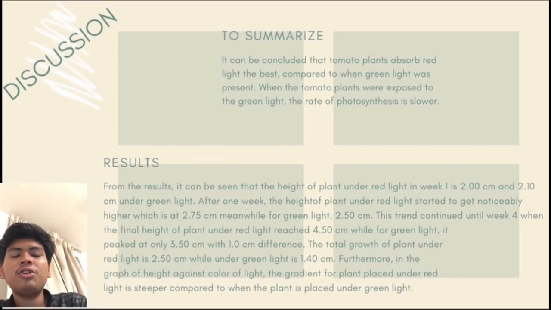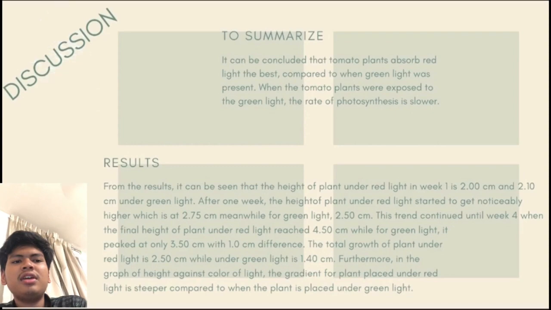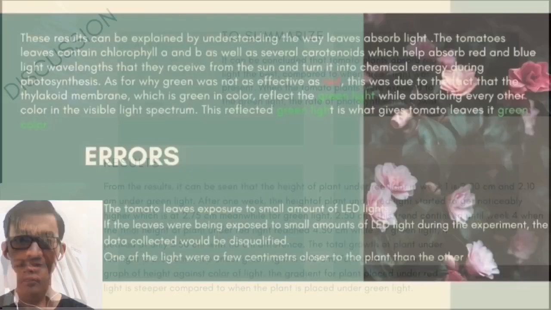This trend continues until week 4. The total growth of plant under red light is 2.5 centimeters, while under green light is 1.4 centimeters. Furthermore, in the graph of height against color of light, the gradient for plant placed under red light is steeper compared to that of plant placed under green light.